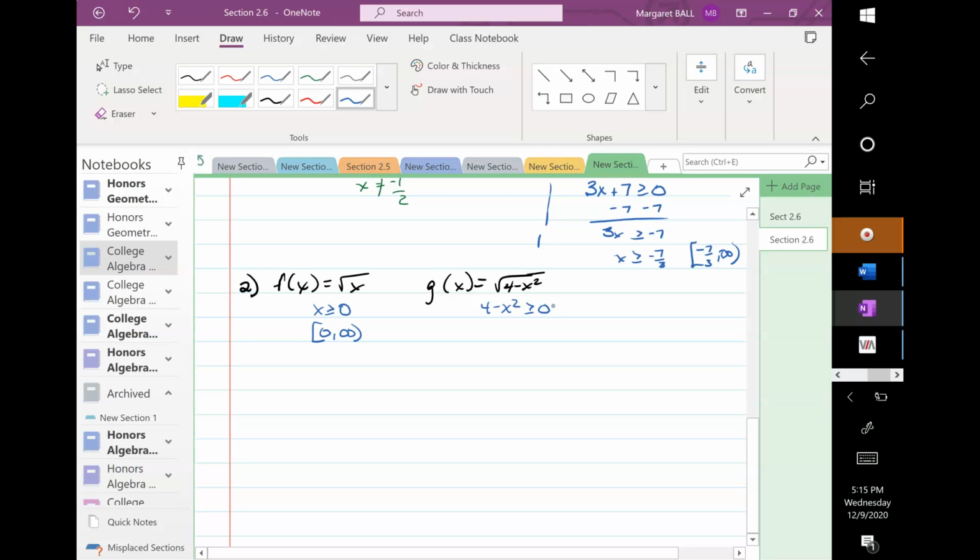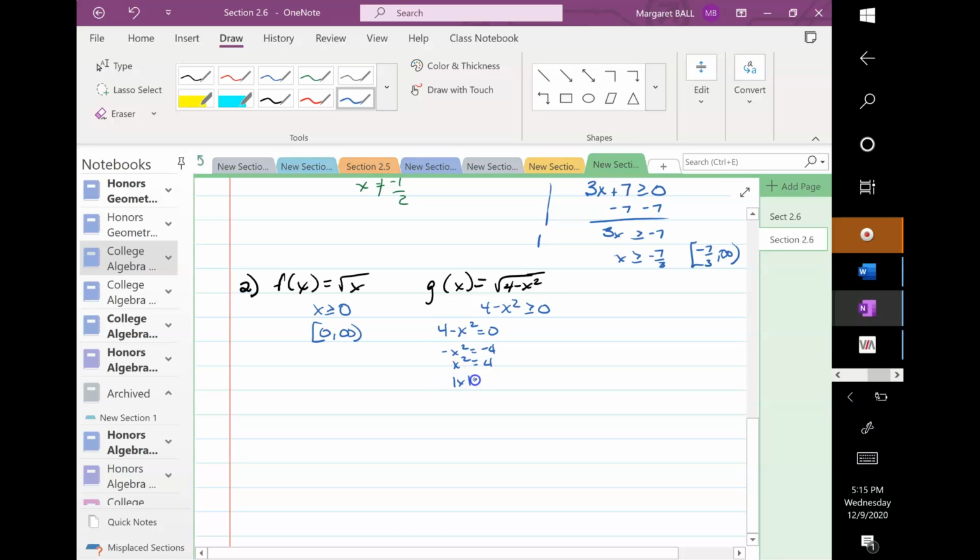Now we have to think about how we solve this. This was in last chapter. To solve this, we have to find our critical points. So we're going to pretend it's an equation for the time being, and we're going to solve that equation. So I think I would subtract 4, and then divide by negative 1, and then take the square root of both sides.